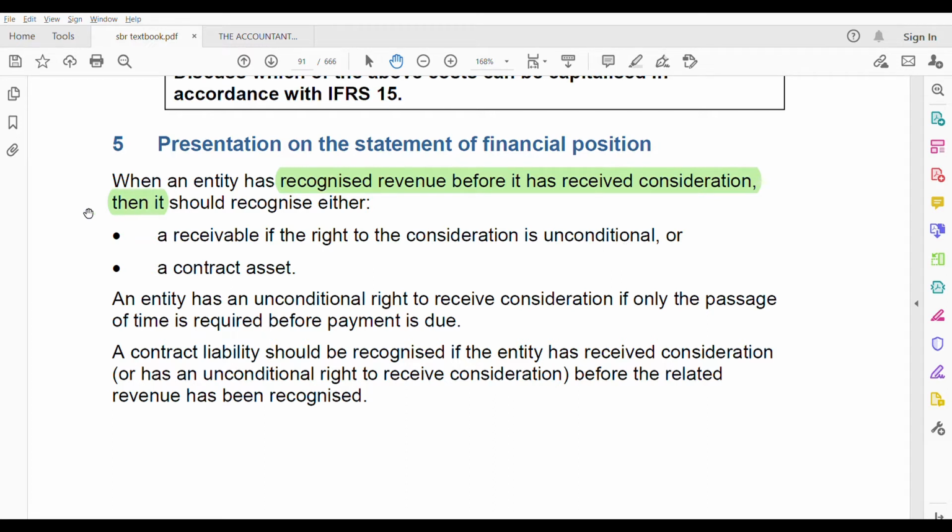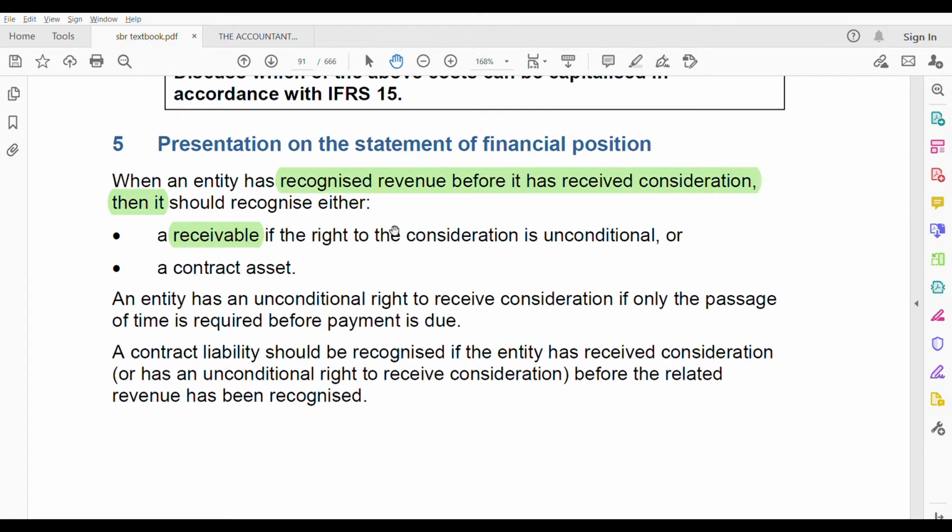Normally when you sell on credit, you haven't received cash from your customer, so you record a receivable. Same way here, you haven't received the consideration yet, but you recognize the revenue, so you recognize it as a receivable in your statement of financial position.